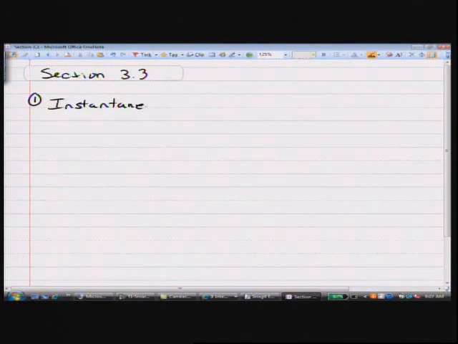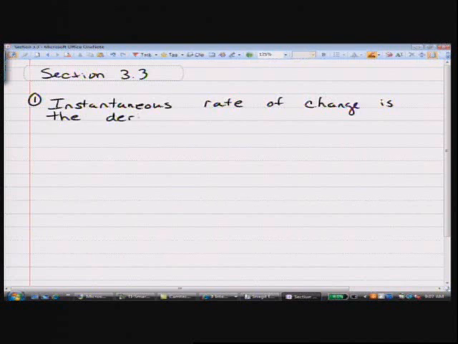It's got a lot of vowels in it. Rate of change is the derivative. It's just the derivative. And so we have some examples.